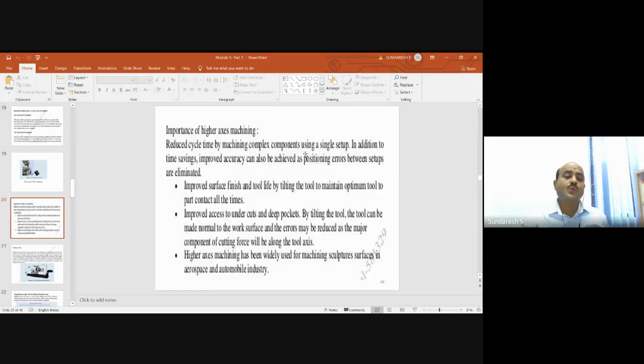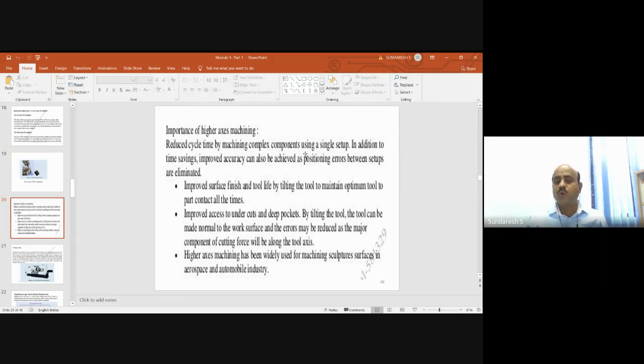Now, let us move on to the importance of having higher axes, in the sense of machines which can have more than three. When we have machines used for higher axes, it will have certain advantages. The most important thing is you can reduce the cycle time.